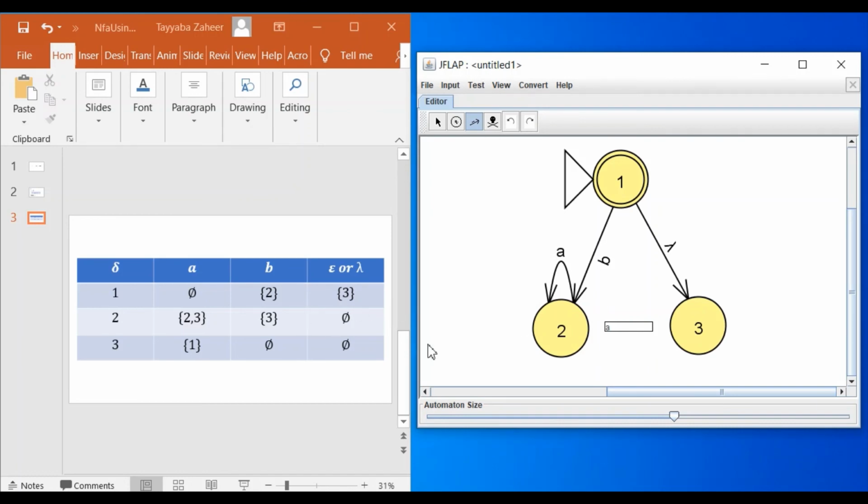Similarly, for input letter B, there is a transition from state 2 to state 3. So I am just extending the input letter B as comma separated on the same transition arrow from state 2 to state 3. Now for state 3, there should be a transition arrow from state 3 to state 1 on input letter A.